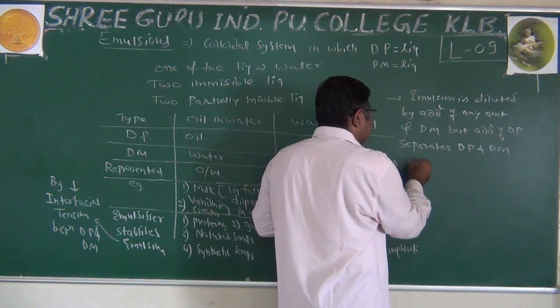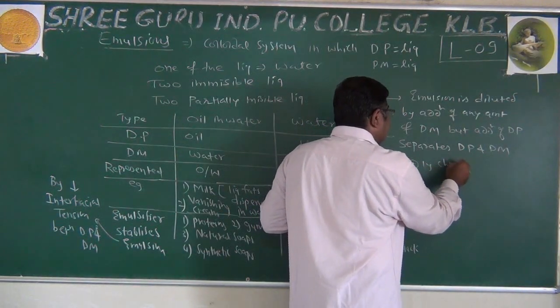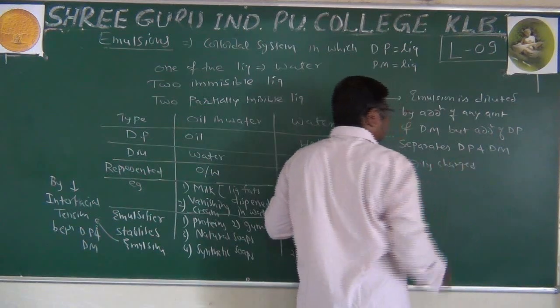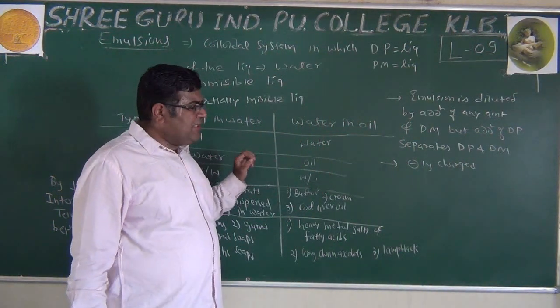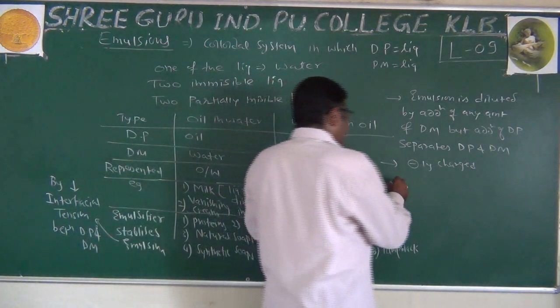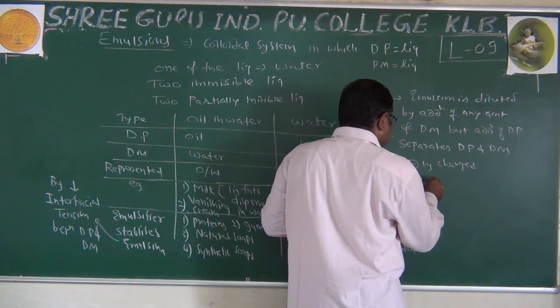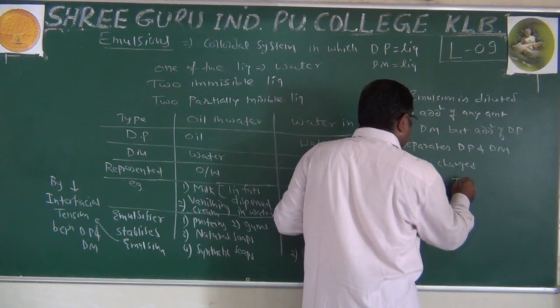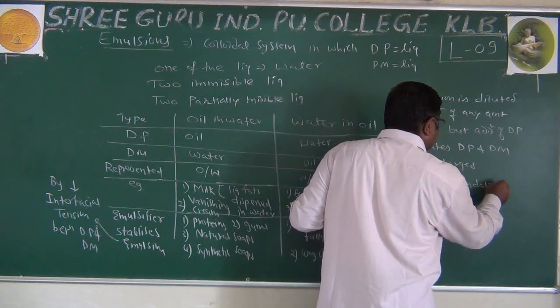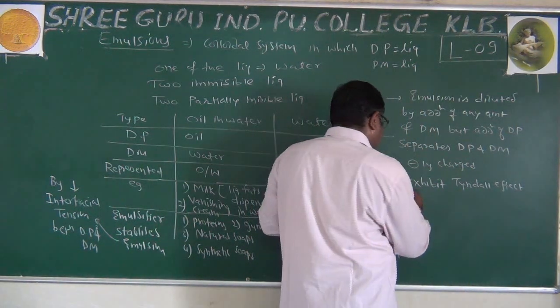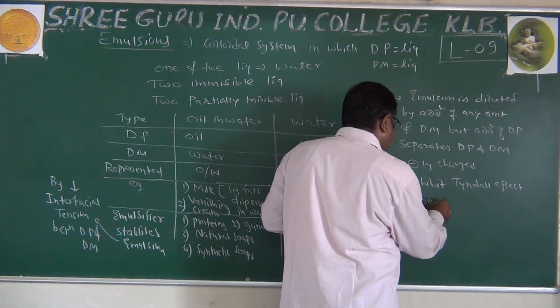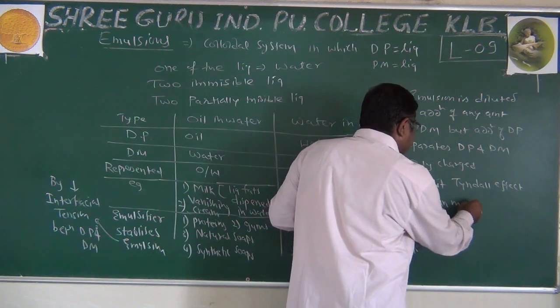Then emulsion is negatively charged. All the emulsions carry a negative charge. Third, they exhibit properties like the Tyndall effect, an optical property, or Brownian movement.